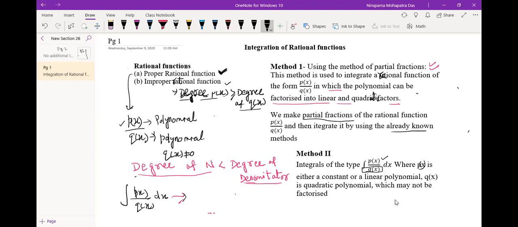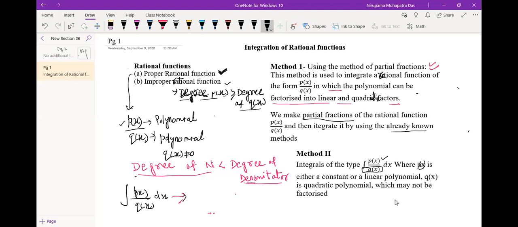We can broadly divide rational functions into two types: proper rational function and improper rational function. A proper rational function is one where the degree of the numerator is less than the degree of the denominator.